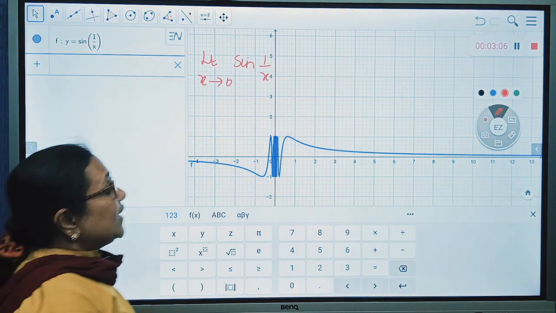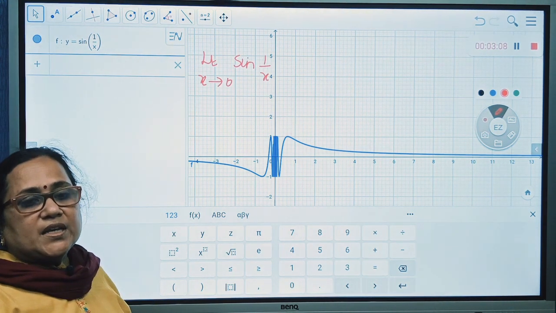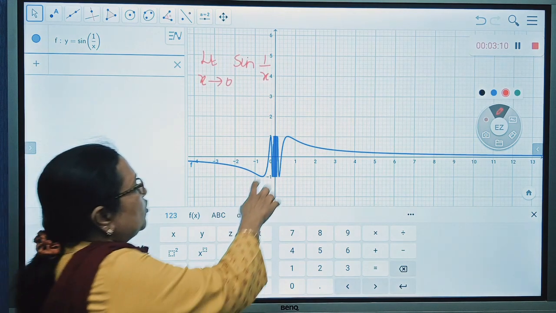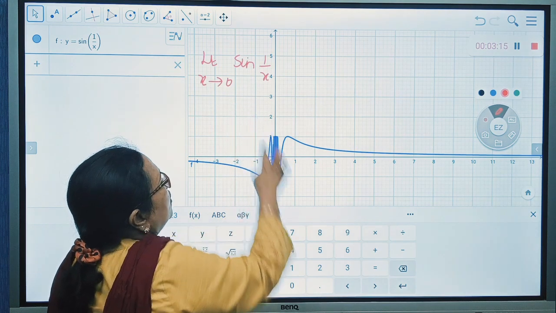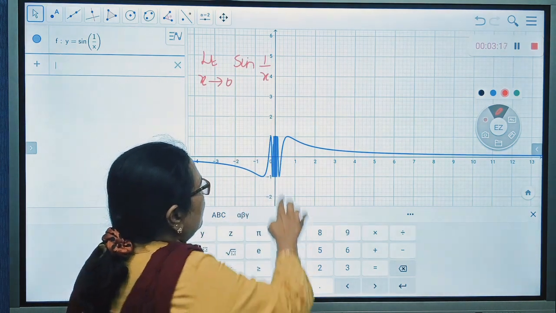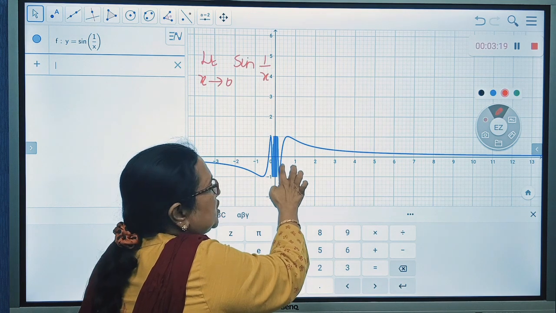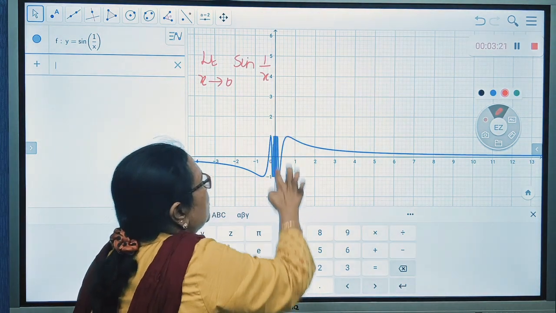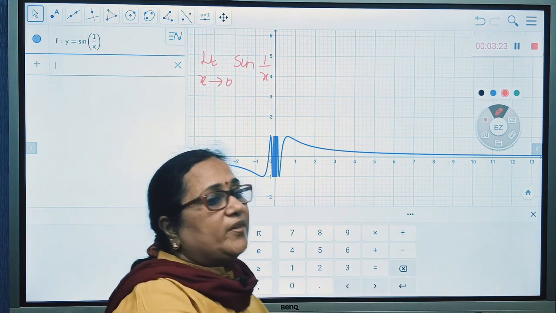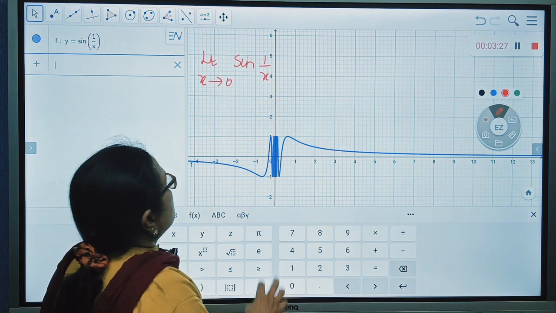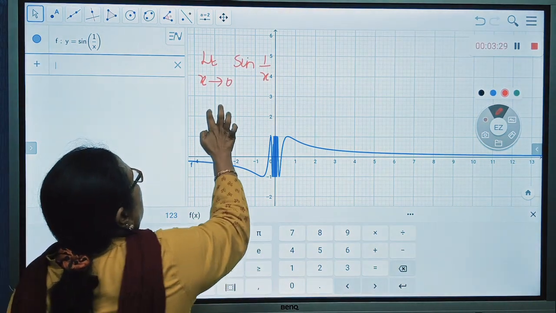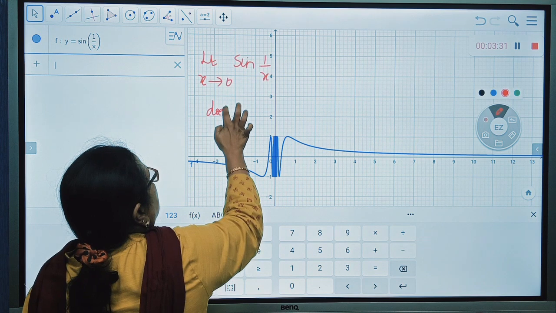Look at the behavior of the graph near x equal to 0. When we talk about limit x tending to 0, x approaches 0 through values left of 0 to the right of 0. What happens is it keeps on oscillating between -1 to +1. So limit x tends to 0 sine 1 by x does not exist.